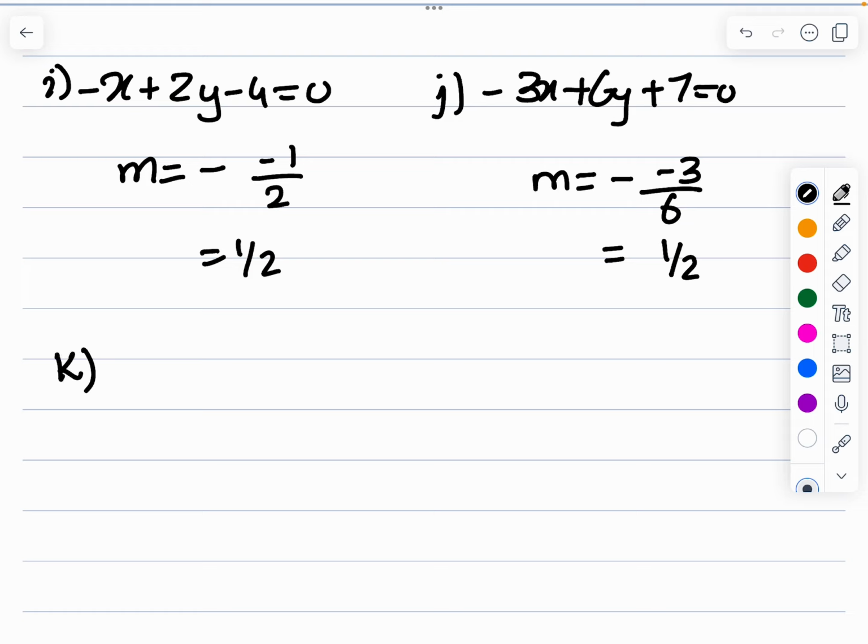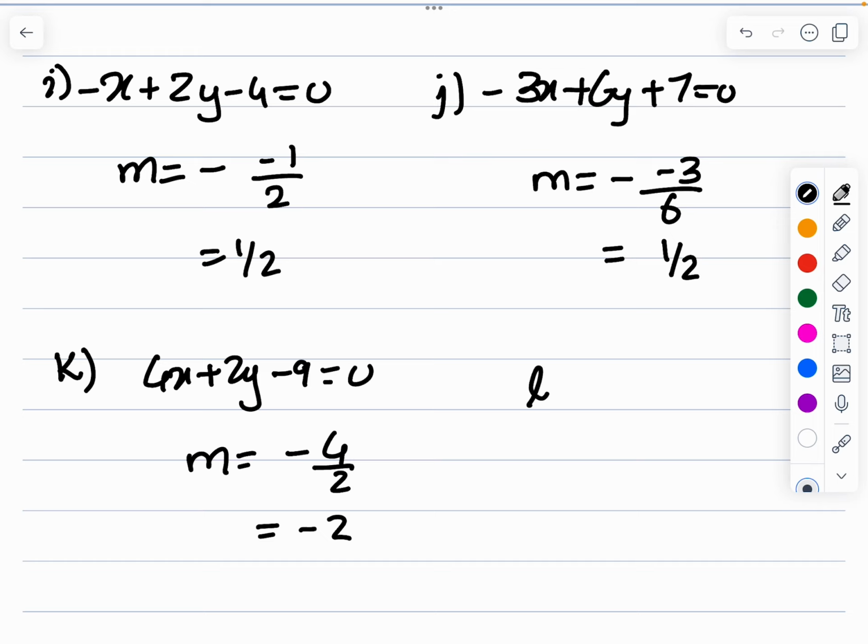Then k, 4x plus 2y minus 9 equals 0. m is minus a upon b, which is negative 2. And l, 9x plus 6y plus 2 equals 0. So m is minus 9 upon 6, which is minus 3 upon 2.